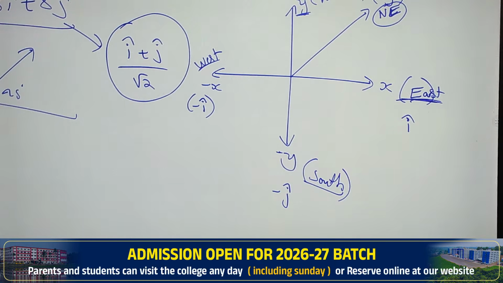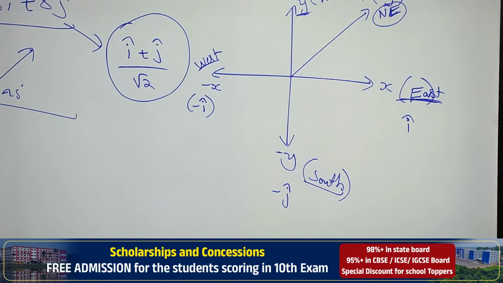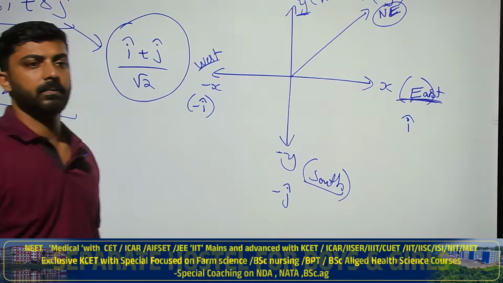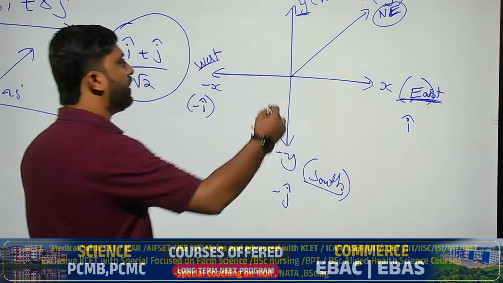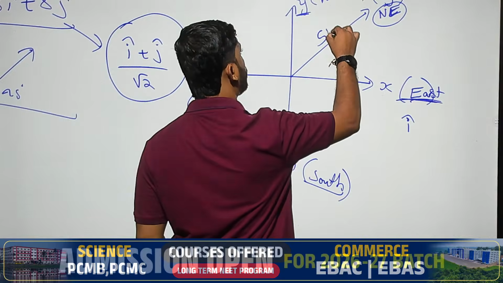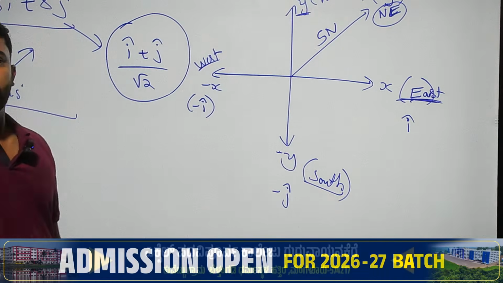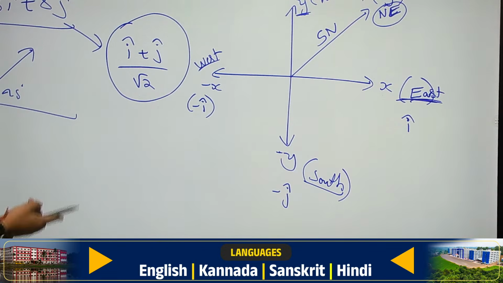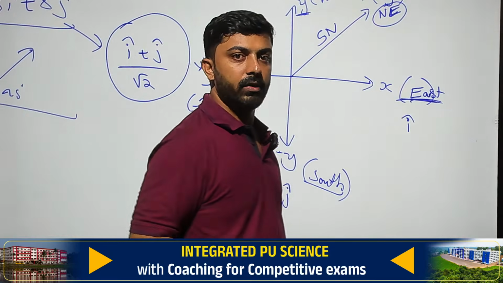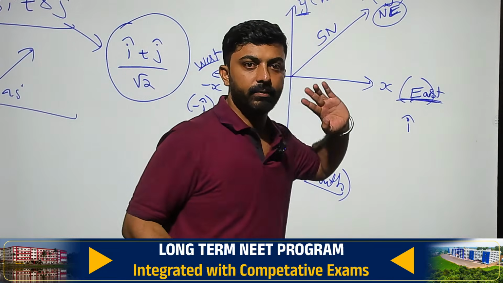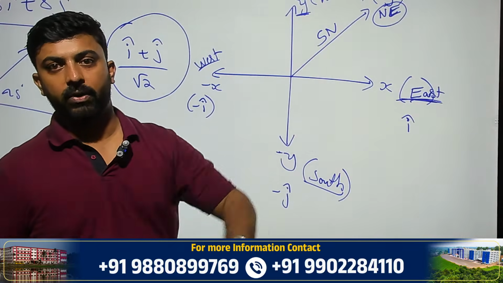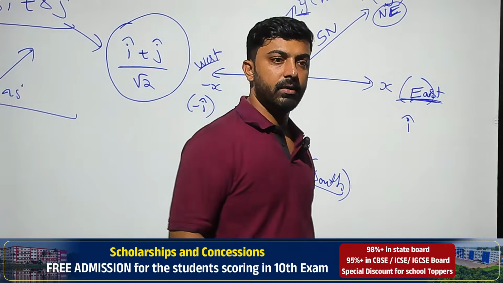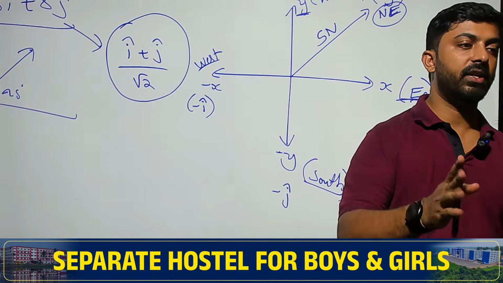To represent northeast direction, what is the unit vector? No, this is a direction vector. We cannot change it. You cannot write i for y. You have to take i cap for x only, and j cap for y only, and k cap for z axis, unless they are mentioned in the question.